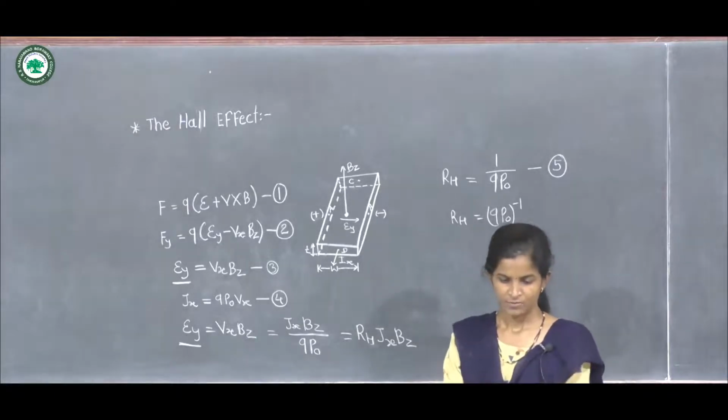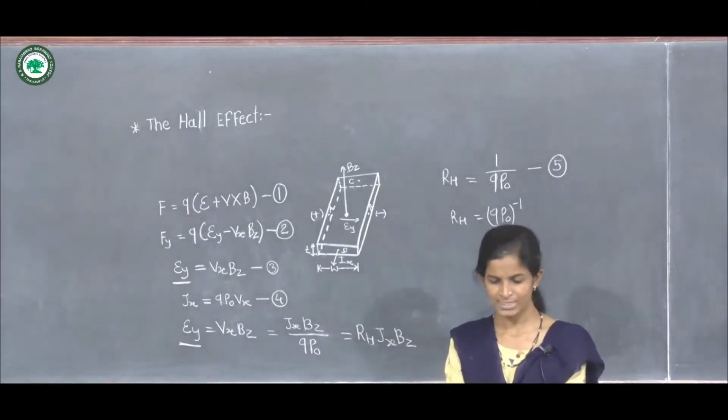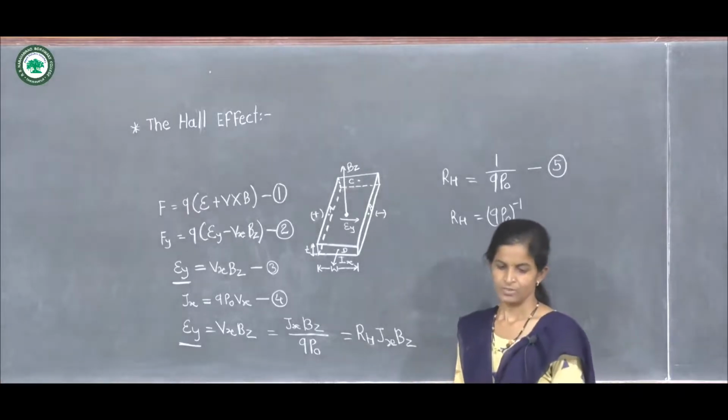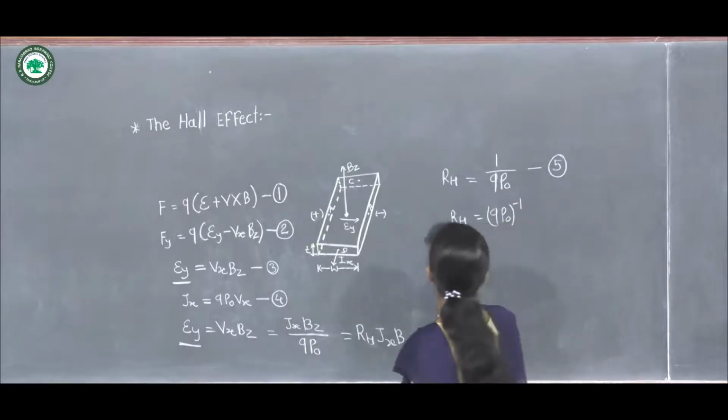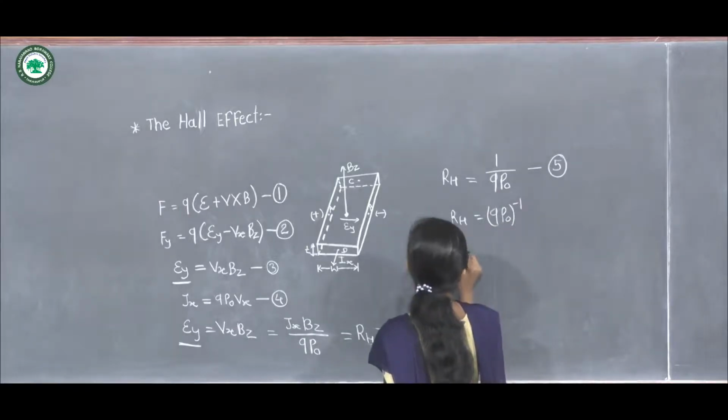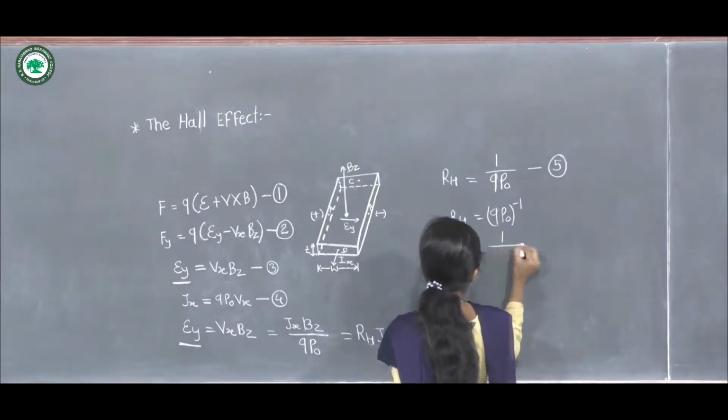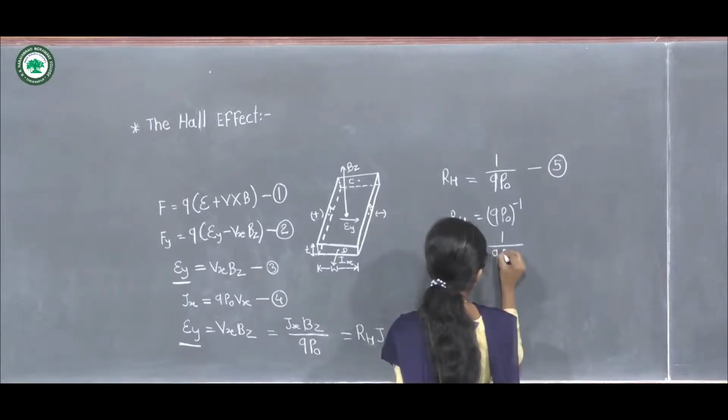And from known values of current and magnetic field, we may write for hole concentration P naught is equal to 1 upon Q into RH.